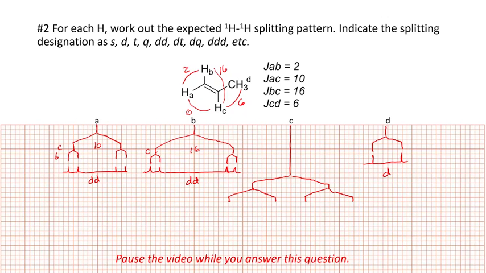Now, the quartet itself is actually made this way. You go 3 to the left and 3 to the right. Then from that one, you go 3 to the left and 3 to the right. Takes us right back to the middle. 3 to the left, 3 to the right. Now that middle one is doubled, so I'm going to make it twice as long. Now, we go 3 to the left and 3 to the right.